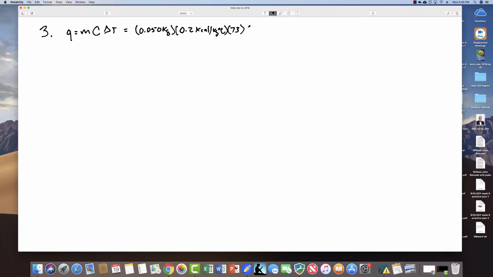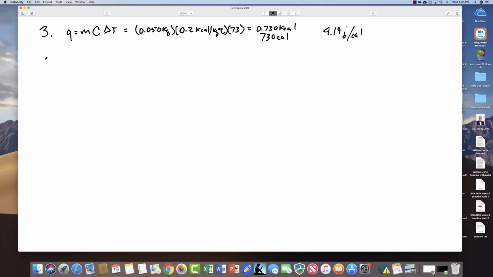If you do the math here, you end up with 0.730 kilocalories of heat, or 730 calories. Now, if you happen to do this in terms of joules, you just multiply this number by 4.19 joules per calorie, and it'll give you the answer in joules.